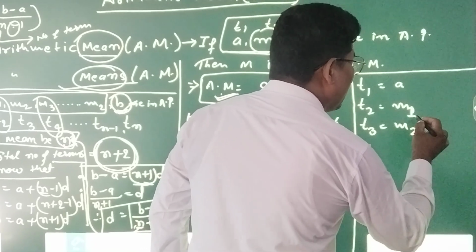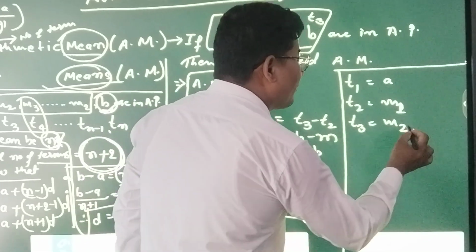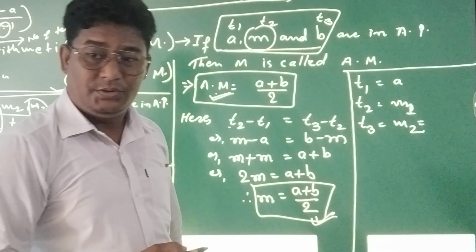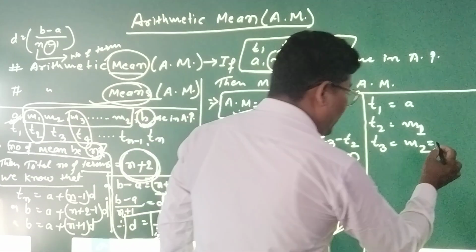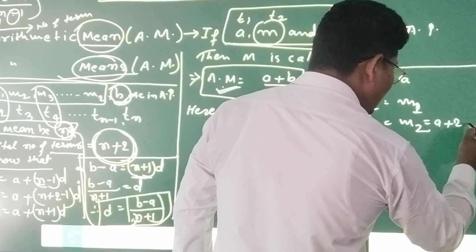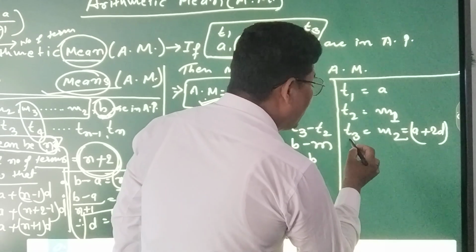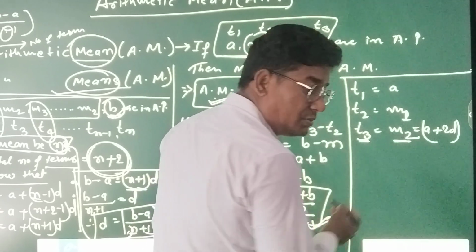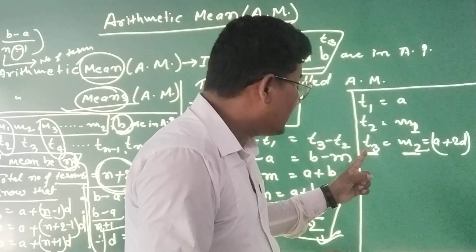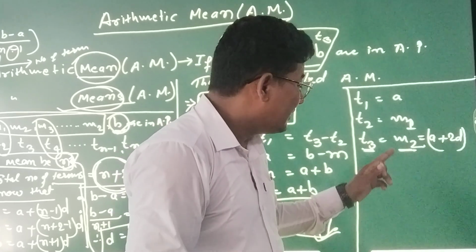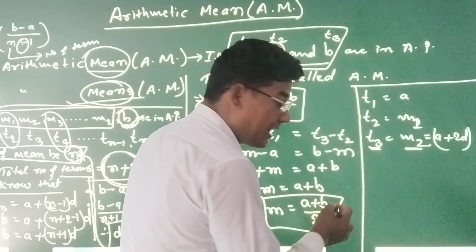You see M1, M2, one less. And what is the formula of the third term? T3 equals a plus 2d. And we know that T3 is equal to M2. If T3 equals a plus 2d, then M2 is also equal to a plus 2d. Is that right? Yes, sir.